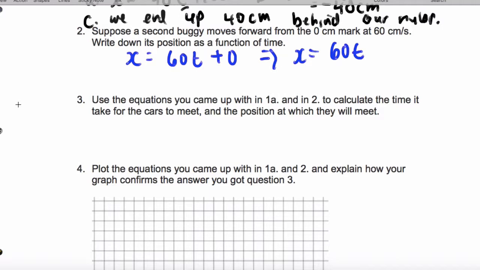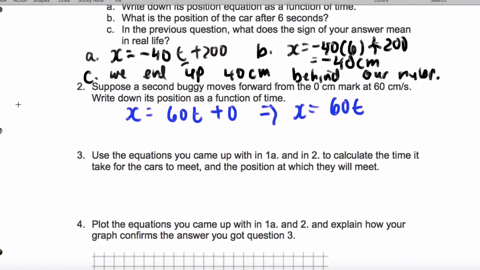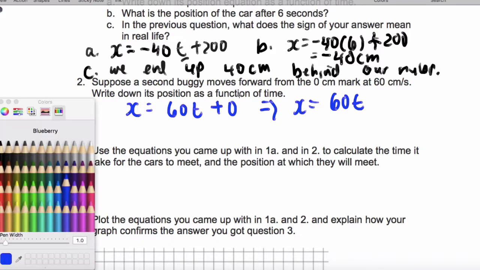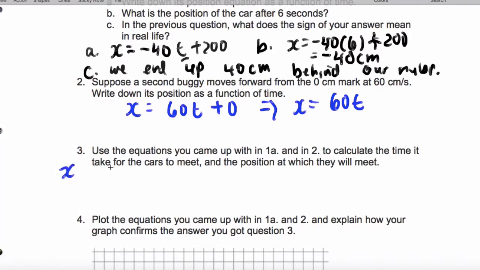It actually turns out that what's going on here is that these two cars meet in the same position and at the same time. In other words, x of this blue equation car is going to be the same as x of the black equation car. So I set them equal like this.